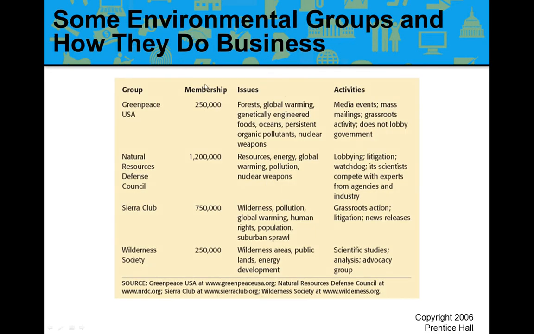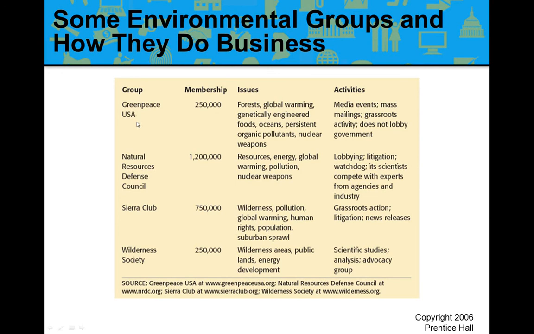So how do some of these environmental groups do business? For example, Greenpeace has 250,000 members. If you've watched the movie Armageddon with Bruce Willis, it's on TV a lot. At the very beginning of the movie, he's golfing off the deck of his oil well out in the ocean, and the boat he's trying to hit is Greenpeace.